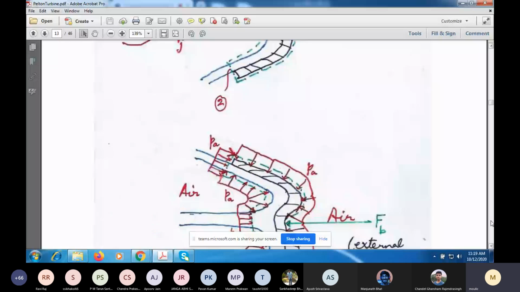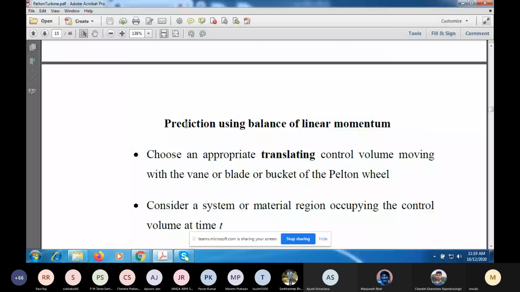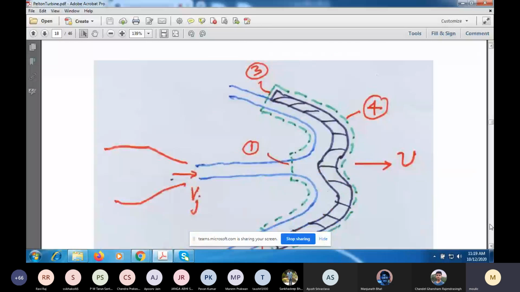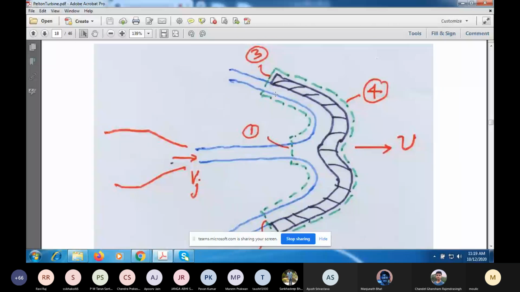Okay, so we were looking at prediction using the balance of linear momentum. So last time we considered a control volume, which I've shown over here. We took a control volume which included the solid section of this vane.